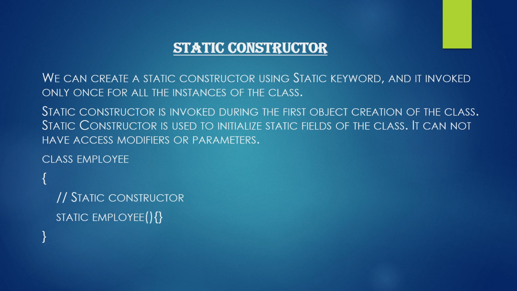So if we create multiple objects of this class, the static constructor will be invoked during the first object creation only. You can see here that we have declared a class Employee, and we are using the static keyword with the constructor name. The constructor name is again the same as the class name.